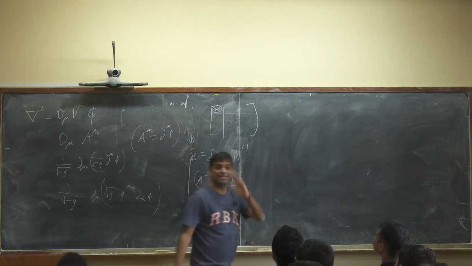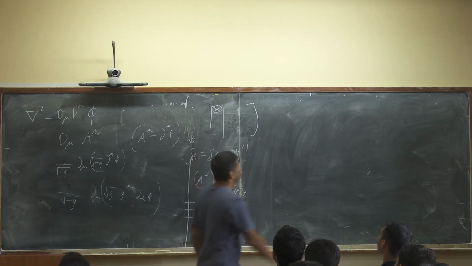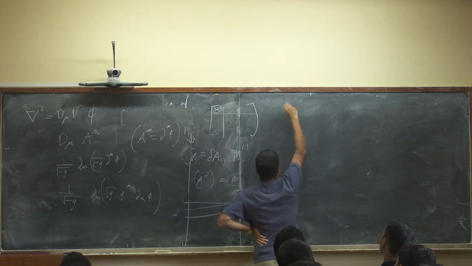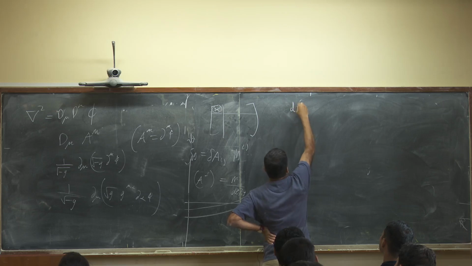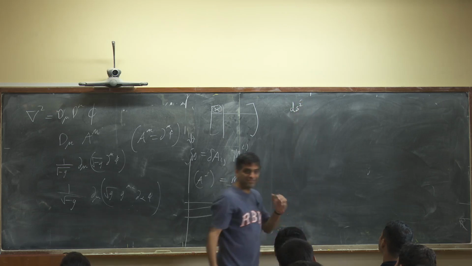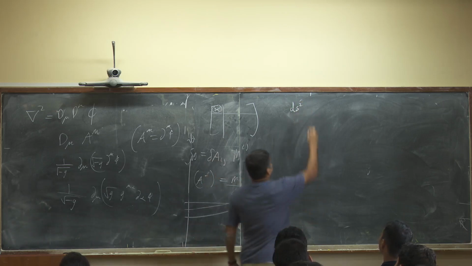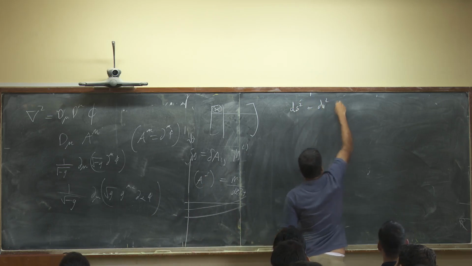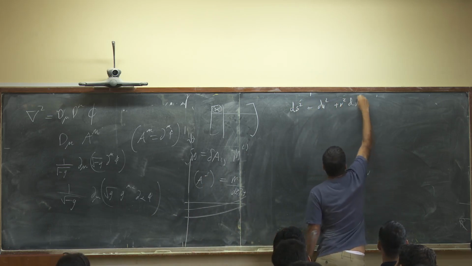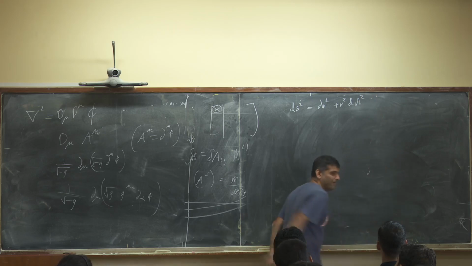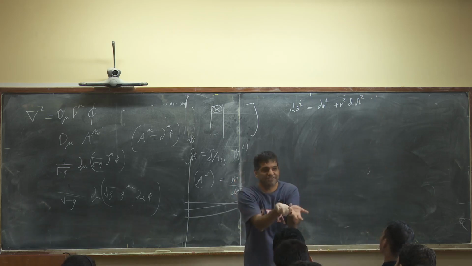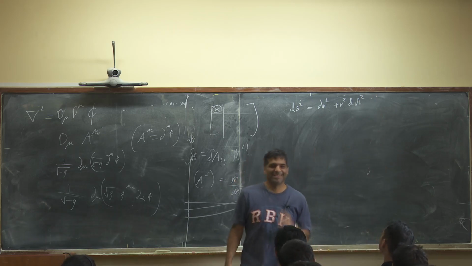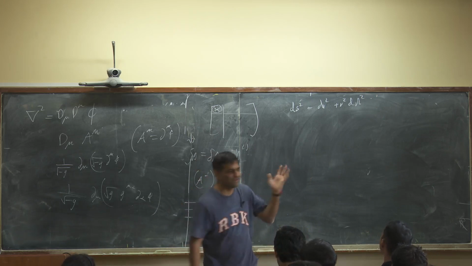So in polar coordinates, let's say in 3 spatial dimensions, what is the metric? The spatial metric is dr squared plus r squared d omega squared. Omega squared is the unit metric on the 2 sphere: d theta squared plus sine squared theta d phi squared. I won't even bother to write it.